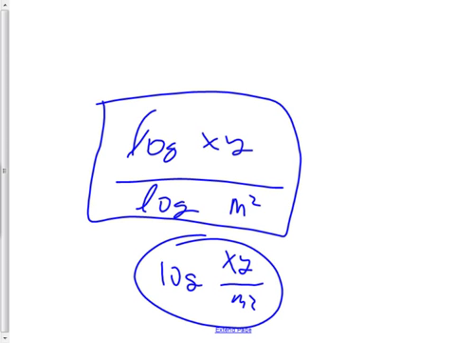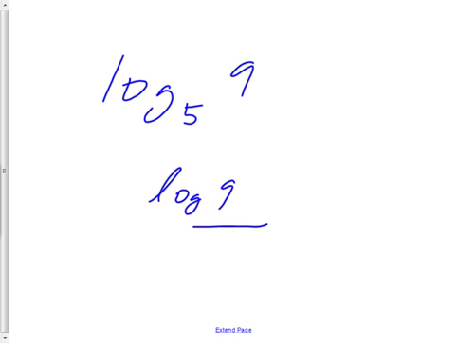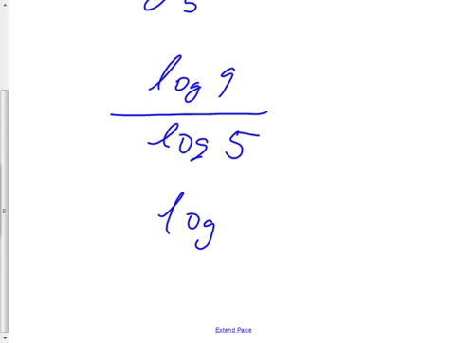Oh, I got you. Okay. Base changes. So if we take, for instance, log base 5 of 9, are you saying you want me to write log 9/5 instead of log 9 over log 5? Is that what you're saying?